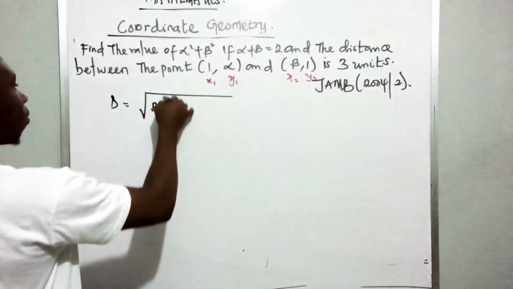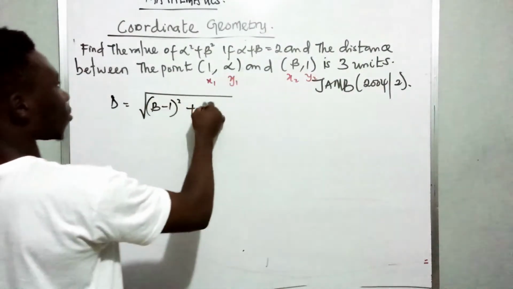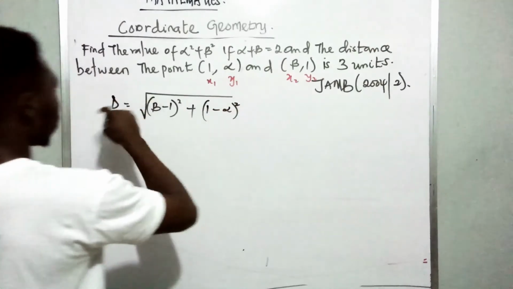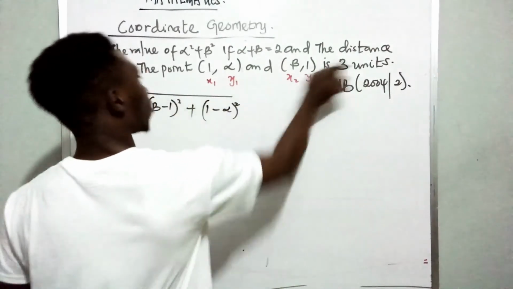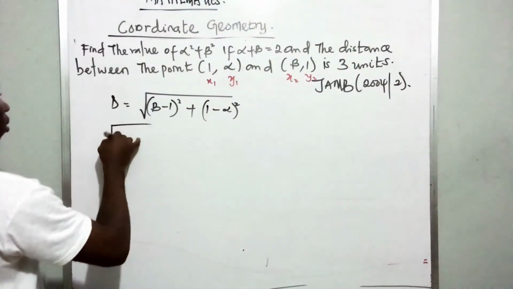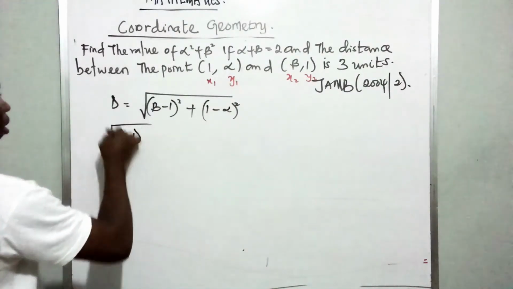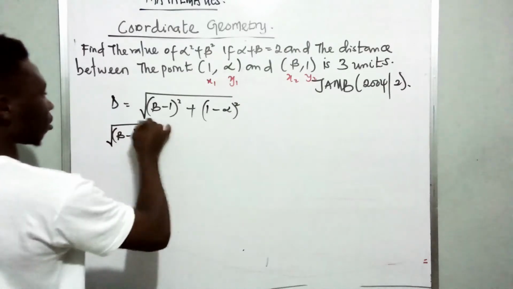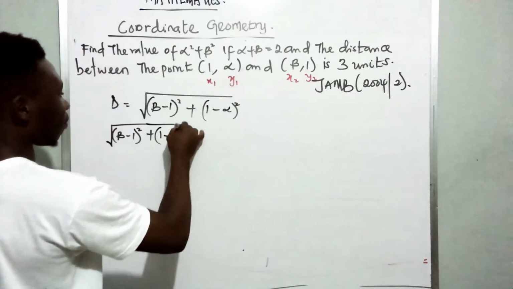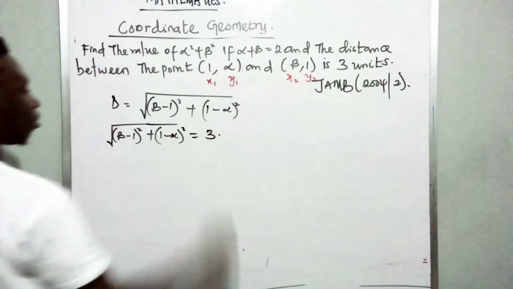Beta minus 1 square plus what? 1 minus alpha square. So they say the distance here is equal to 3 units. So this becomes what? Beta minus 1 square plus what? 1 minus alpha square is equal to 3.